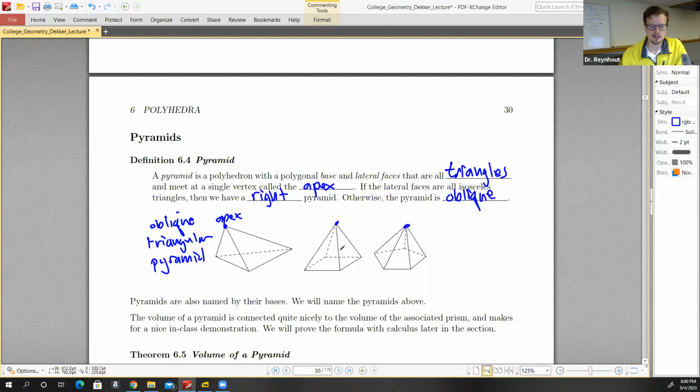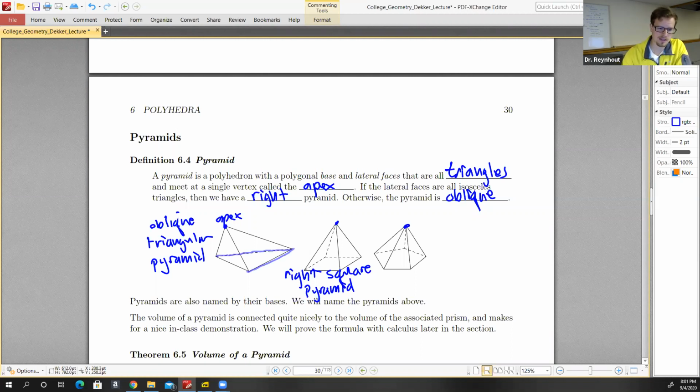Excellent. This one, it looks like they could possibly all be the same shape for the triangular lateral faces. So we have a right square pyramid, because again, we're naming these based on their base.